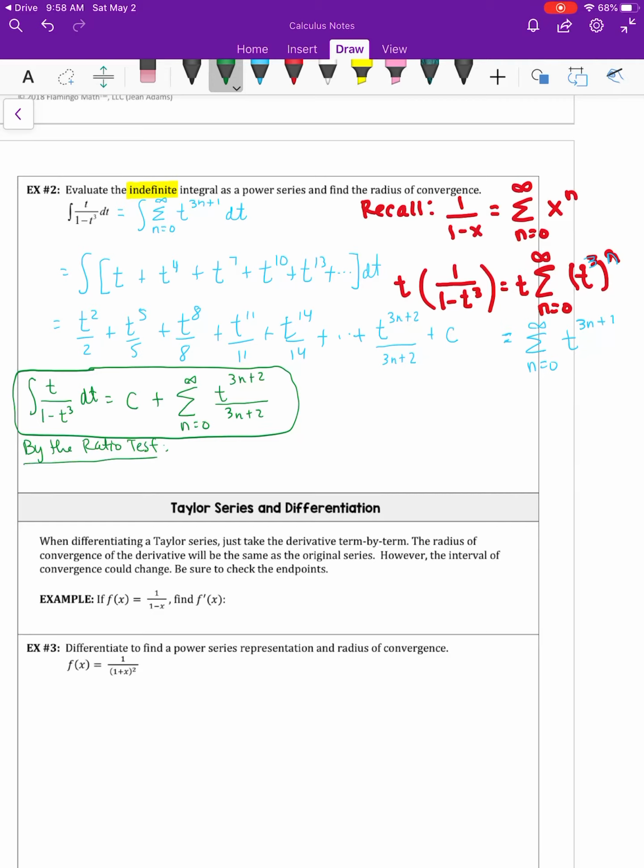So now, by the ratio test, we're going to figure out what the radius of convergence is, because that's the second thing they asked for. So we're going to say the limit as n goes to infinity of the absolute value, and we're looking at our n plus 1.